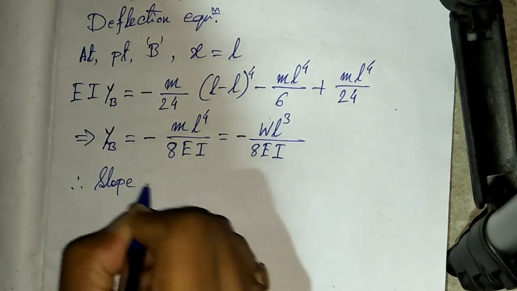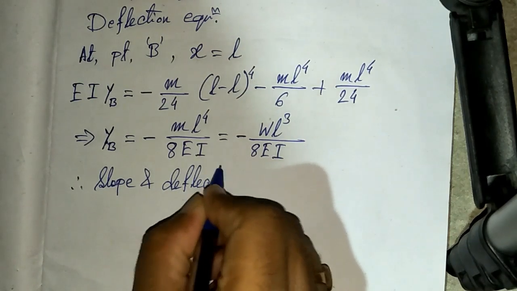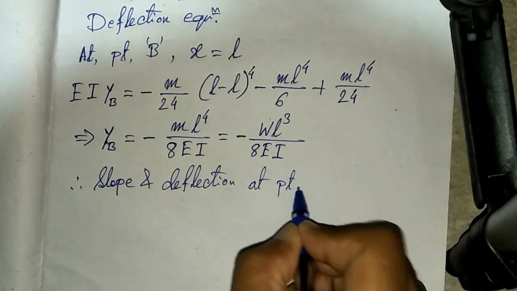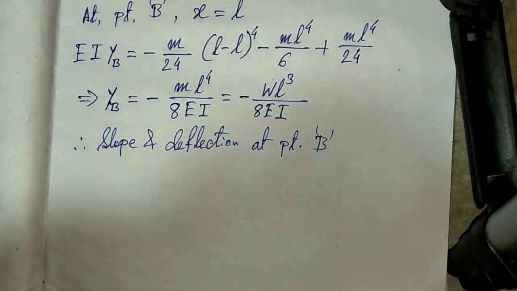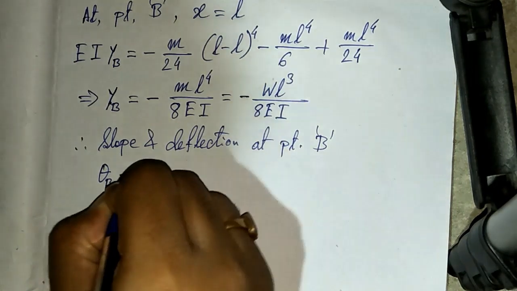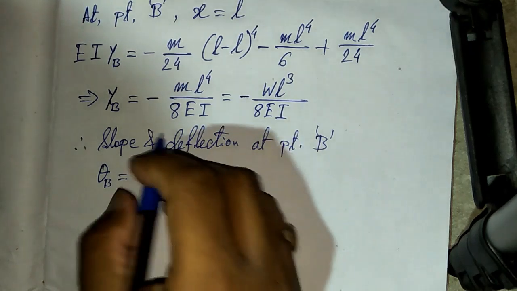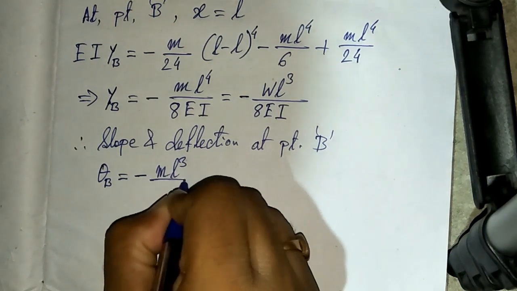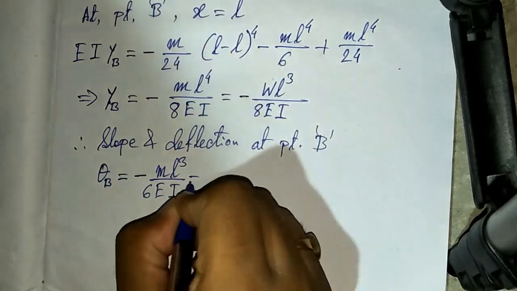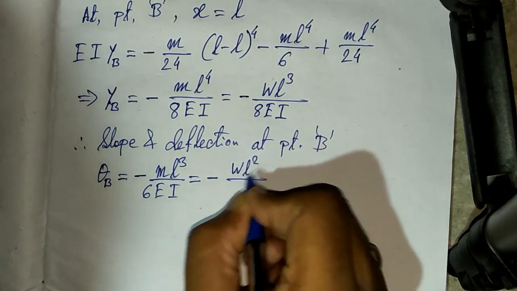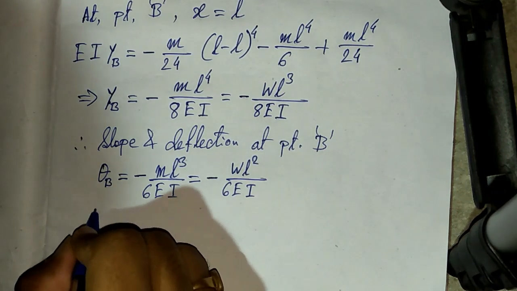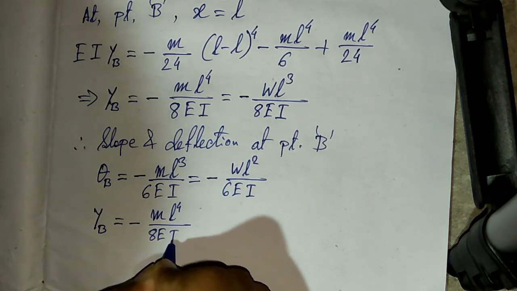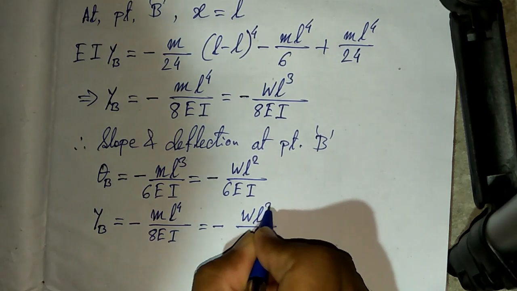The slope and deflection at point B: slope is theta b, and that equals minus m L cube by 6 EI, or we can write minus w L square by 6 EI, and deflection, that is yb, equals minus m L to the power 4 by 8 EI, or minus w L cube by 8 EI.